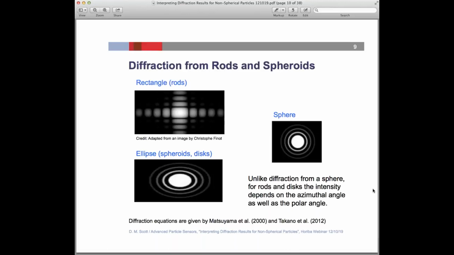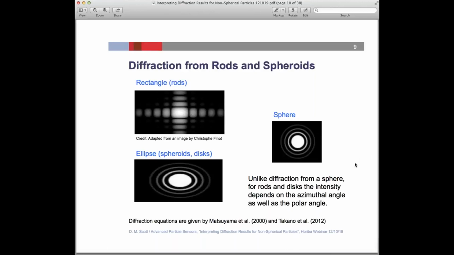In a sense, you can just consider it as basically stretching one axis. If you take the diffraction pattern from the sphere and stretch that pattern, you'll get the diffraction pattern for an ellipse. The diffraction pattern from rods is a little bit different, but you can see that there's a major axis diffraction component and there's a minor axis diffraction component.